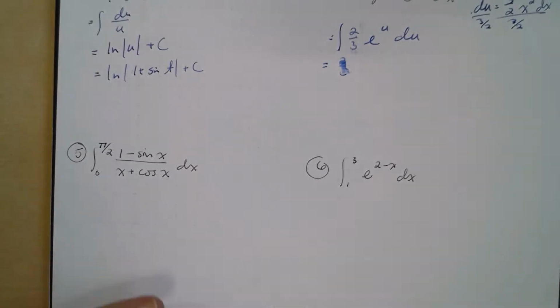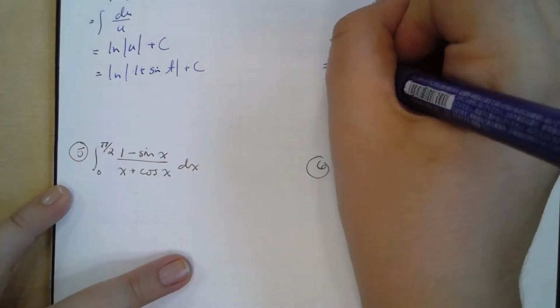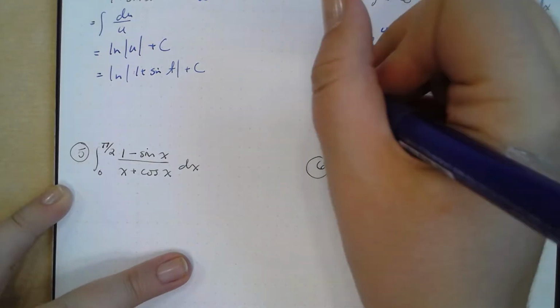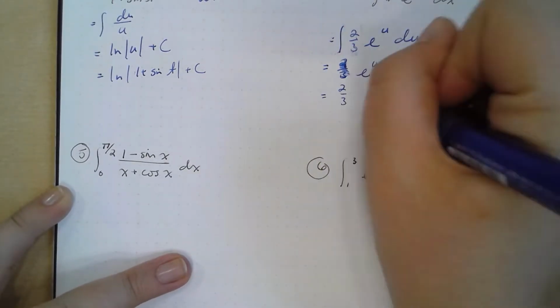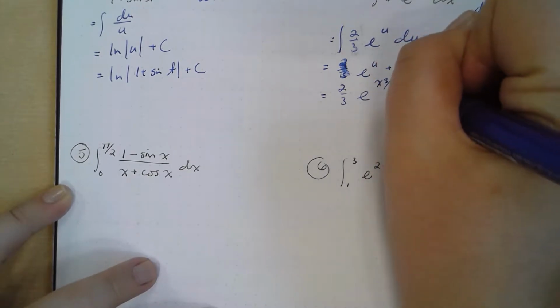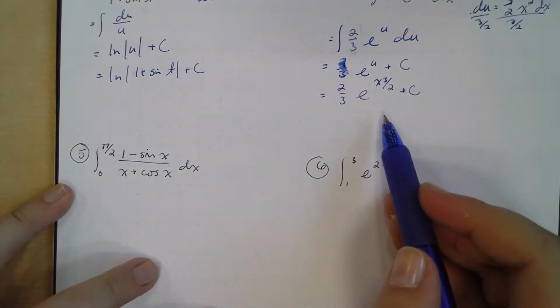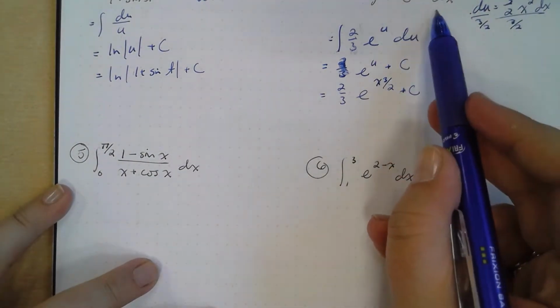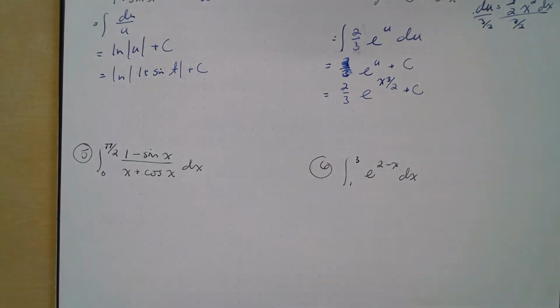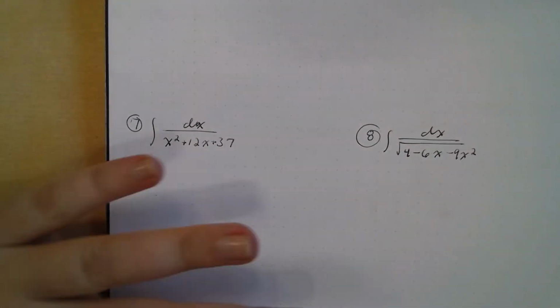Nice and convenient there. 2/3 e to the u plus c. So this is equal to 2/3 e to the x cubed over 2 plus c. Kind of interesting there. We integrated something that looked pretty complicated, but it came out fairly simple and similar. Okay, so let's do another one.